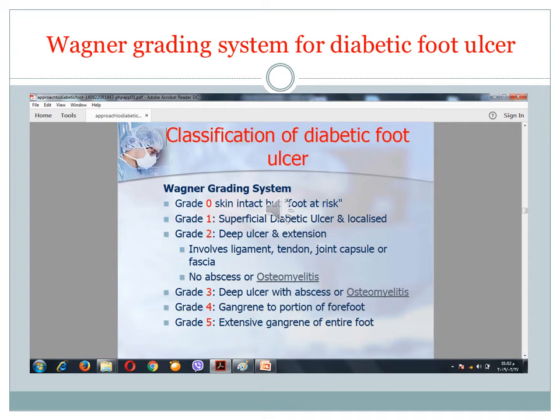Grade 2, deep ulcer with extension of the ulcer downward to the ligaments, tendon, joint capsule, or fascia, but there is no abscess or osteomyelitis. Grade 3, deep ulcer with osteomyelitis and abscess formation. Grade 4, gangrene of a portion of the forefoot, localized gangrene. Grade 5, extensive gangrene of the entire foot.